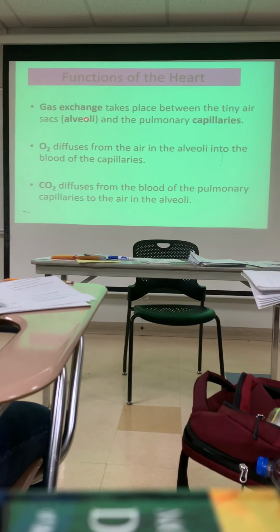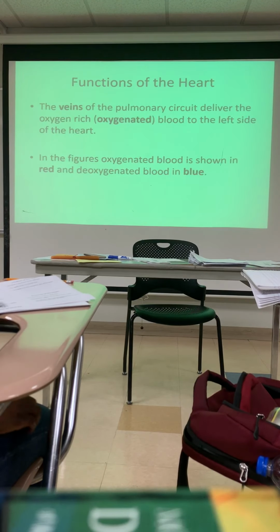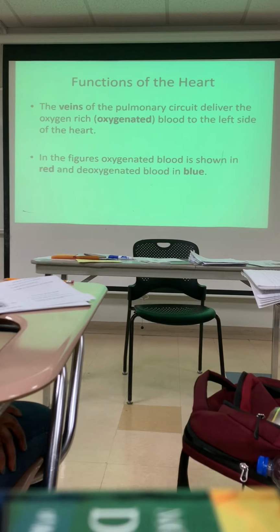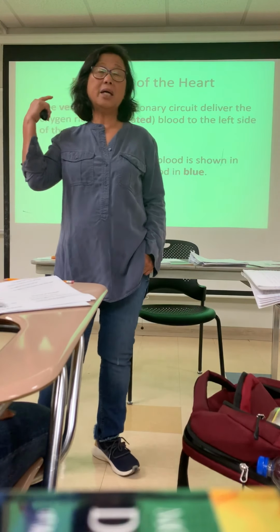Now, the gas exchange in the alveoli, of course, is in the pulmonary capillaries, so the oxygen diffuses in and then carbon dioxide diffuses out of the blood, so that you will exhale. So here, the veins of the pulmonary circuit are oxygenated, so it is a little bit different, opposite. So when you say veins, it has oxygen in the pulmonary circuit.